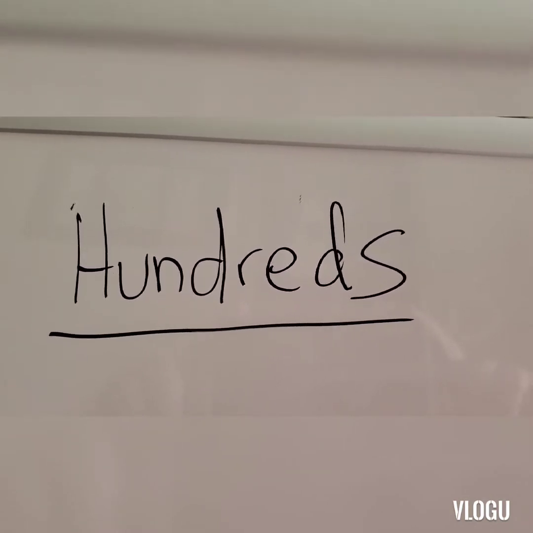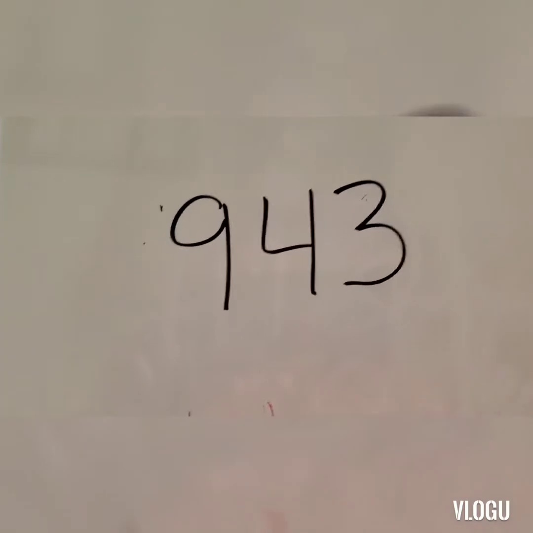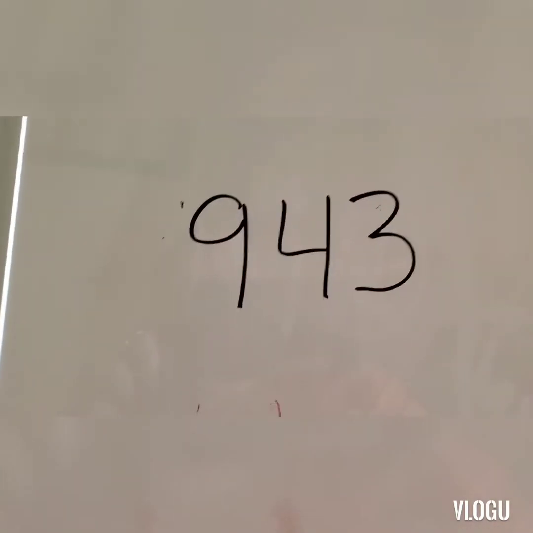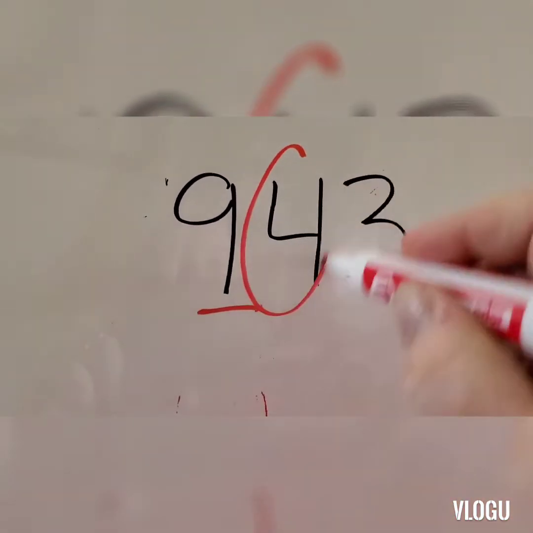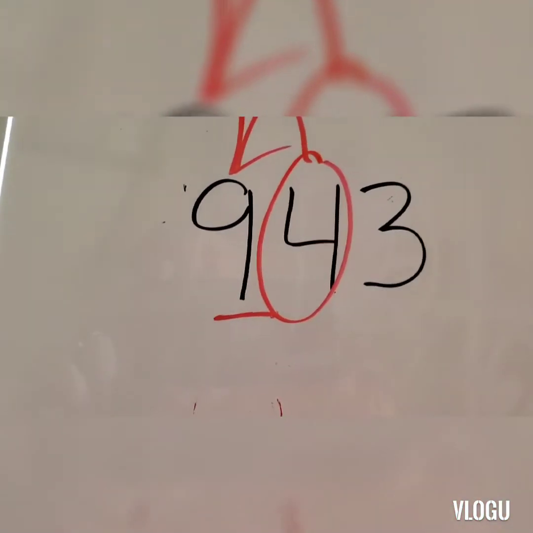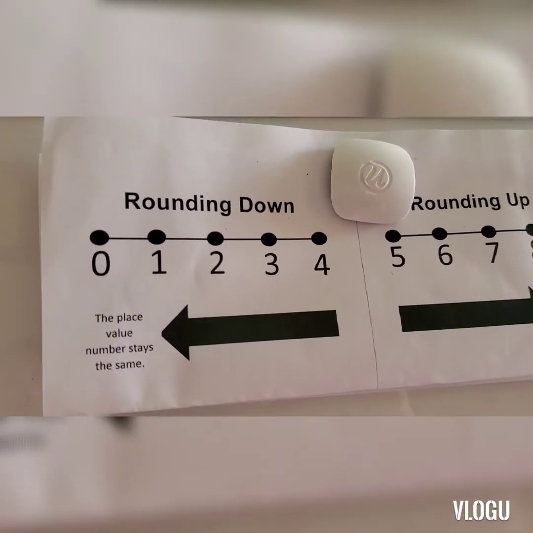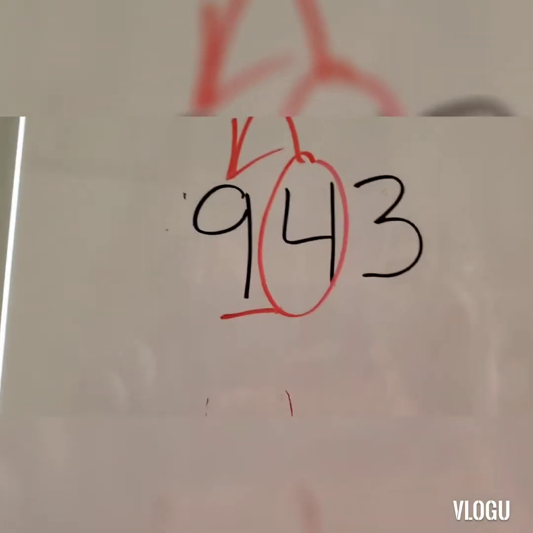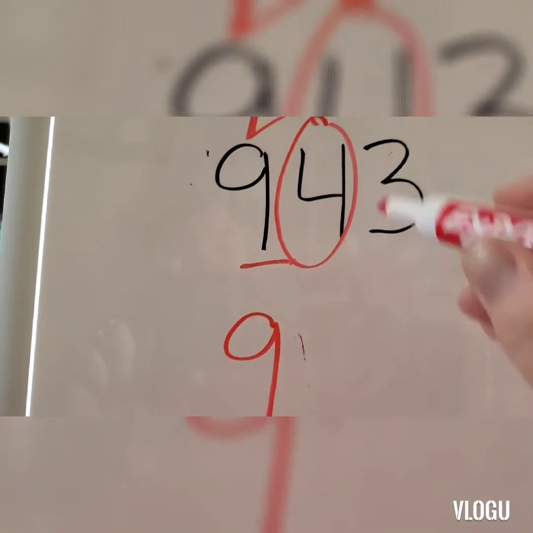The next part deals with the hundreds. Number 6, 943. I'm underlining the number in the hundreds place value. The 4 tells the 9 what to do. 4, consult the chart. It's on the round down. 4 tells the 9 to round down or stay the same. So that stays the same.